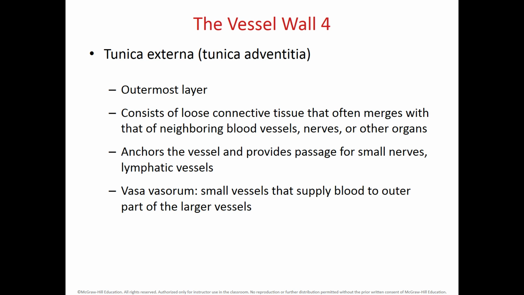Now within this tunica adventitia, we can have small vessels that provide blood supply to the walls of the larger vessels, and these small vessels are known as vasa vasorum, the ones that are located within the tunica adventitia.